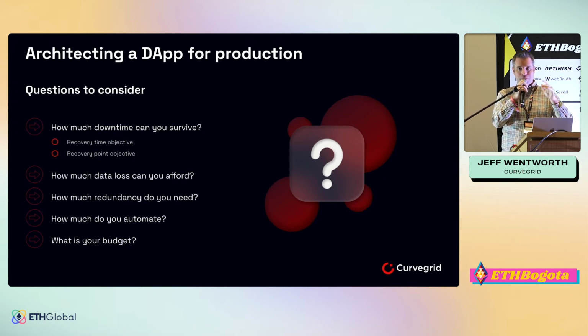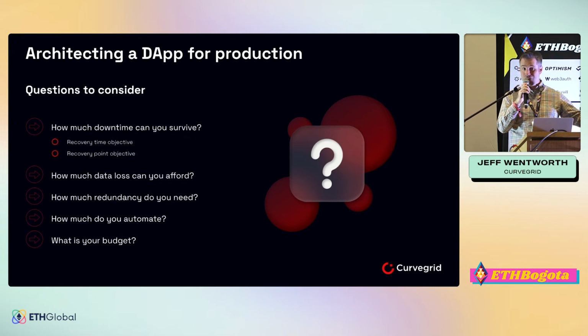Somebody put some data in to mint an NFT, and some of that's gone into your database, and some of it's gone onto the blockchain because you're doing some kind of semi-decentralized activity, or maybe it made it onto the blockchain but not into IPFS, right? There's data loss there. How much can you survive?